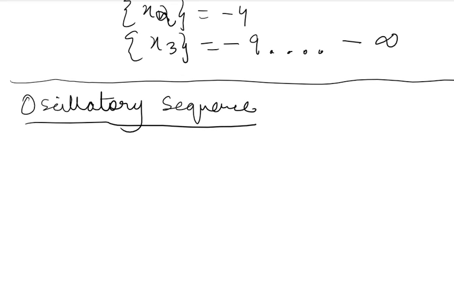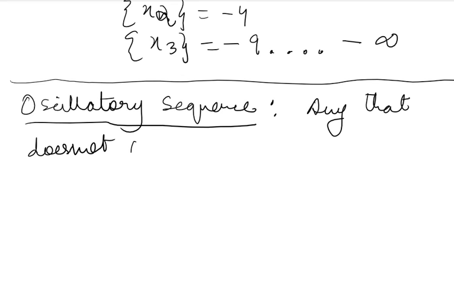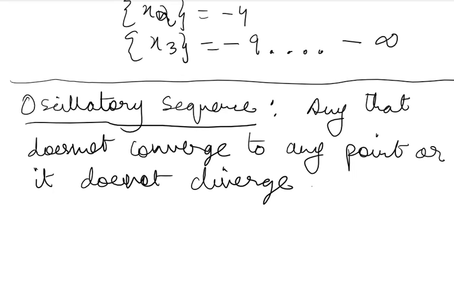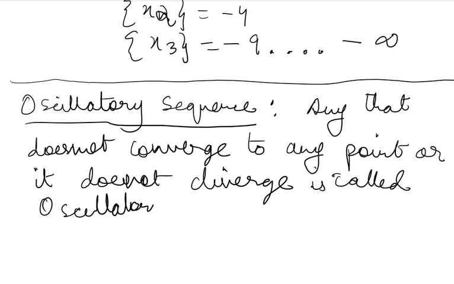Any sequence that does not converge to any point, or does not diverge, is called an oscillatory sequence. SEQ, writing in short.